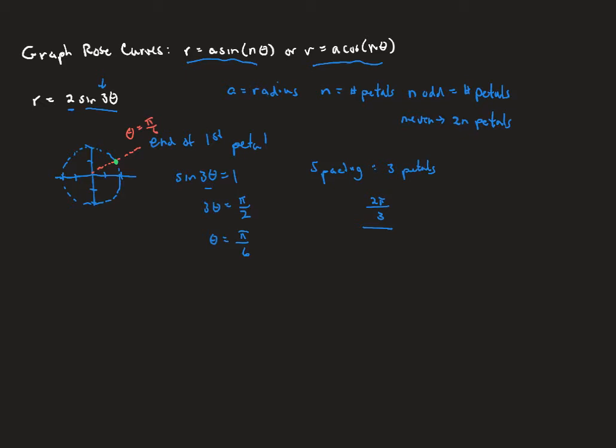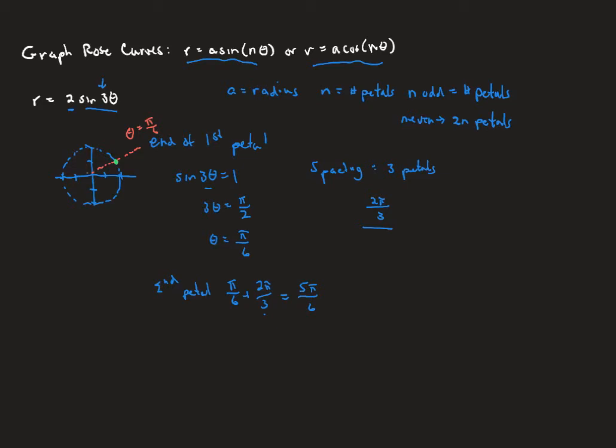So that means that the next petal, since our first petal is at pi over 6, the second petal is going to be at pi over 6 plus the 2 pi over 3. That's the spacing. And so if we get a common denominator, since 2 pi over 3 is 4/6, that's going to get us to 5 pi over 6. That's going to be the end of the second petal.